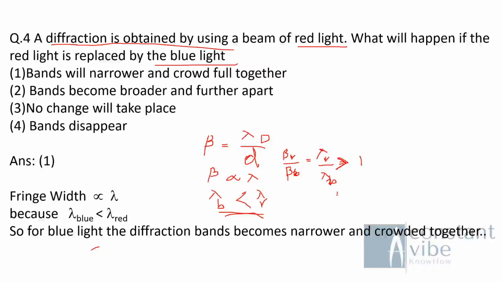See the fringe width: if the fringes come crowded together and narrower, then the answer is the bands will be narrower and crowded together, so the answer is 1. Then let us go to the next question.